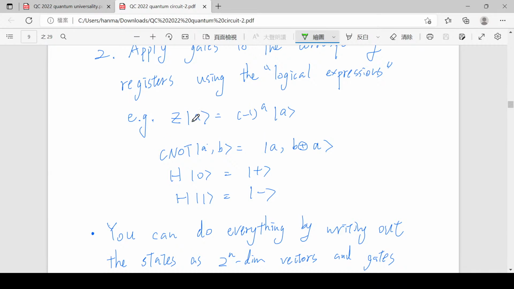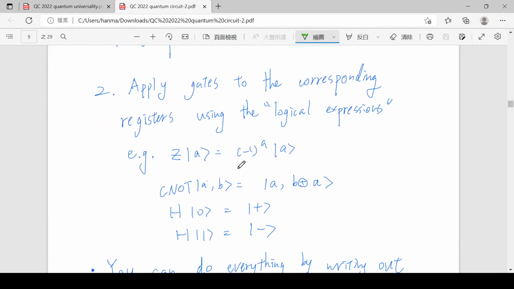When the register you want to apply to is 1, you get a minus 1, otherwise you do nothing. And when you do C0, you do this kind of calculation. When you apply Hadamard to 0, it becomes plus. When you apply Hadamard to 1, it becomes minus. And this works because the gates we use all have pretty nice expressions on the computational basis.